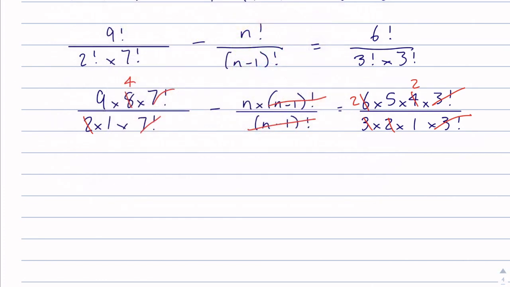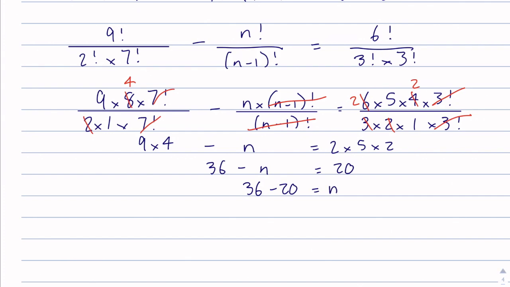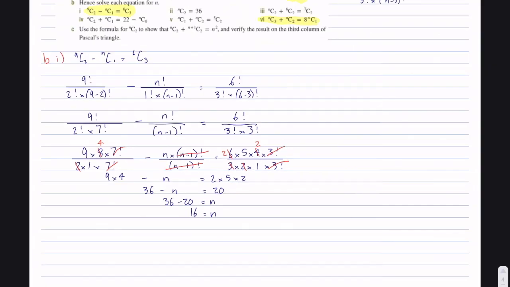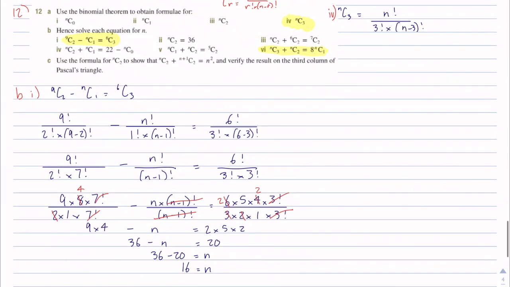So, on the whole, all of these have 1 on the bottom, so I've got 9 times 4 take n equals 2 times 5 times 2, which means 36 take n equals 20. So 36 take 20 equals n, because I've added n to both sides and subtracted 20 from both sides, 16 equals n. And that's all I have to say about question 12.